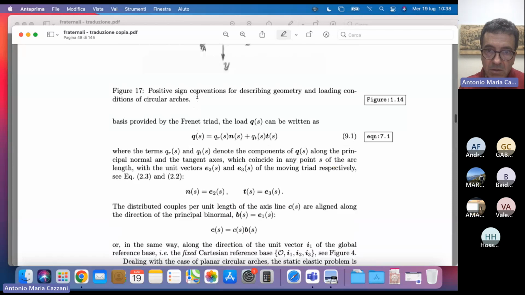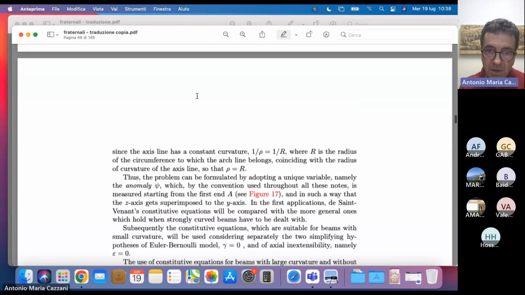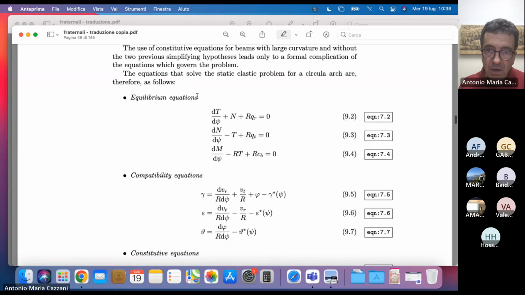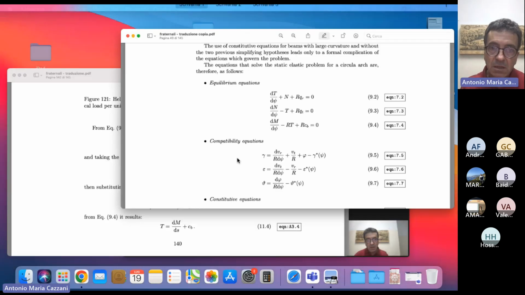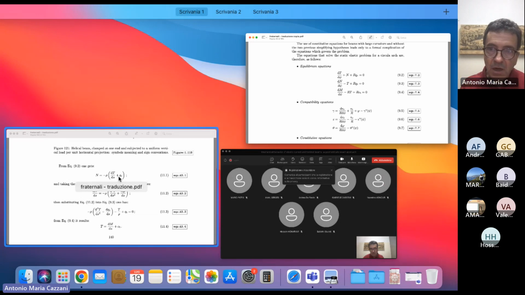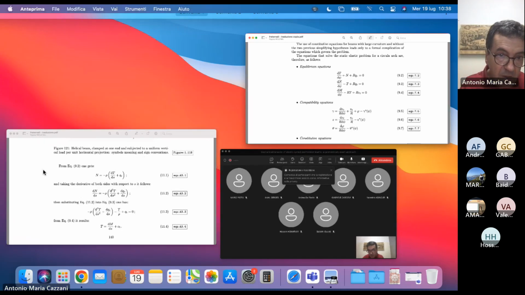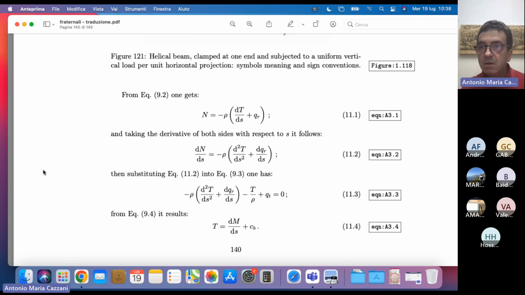We can do it starting from the equation which connects shear force and axial force, and so we can use the first equation like this to solve it for n.